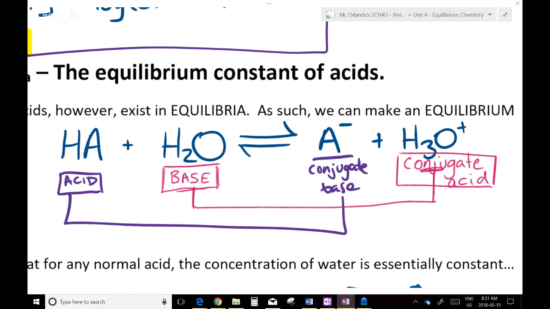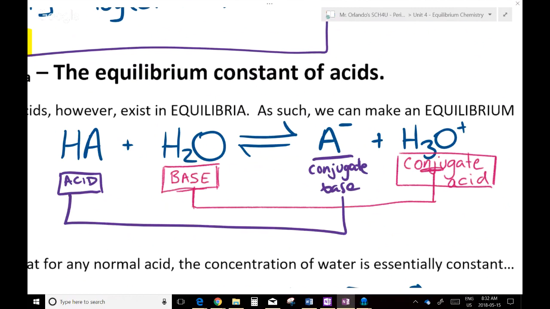So in any weak acid where we have an equilibrium, the acid, once it gives up its hydrogen, will become a base, will become something that is ready to accept an H+ ion. And the water, which we thought of as the base when it was receiving the H+, is now H3O+, and that is now ready to behave as an acid. And the reaction can go in the reverse direction.